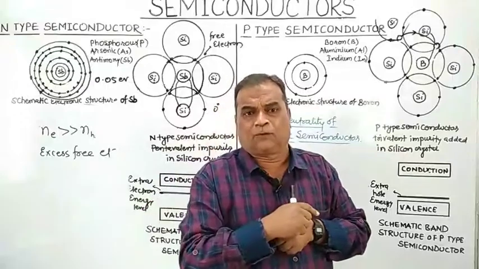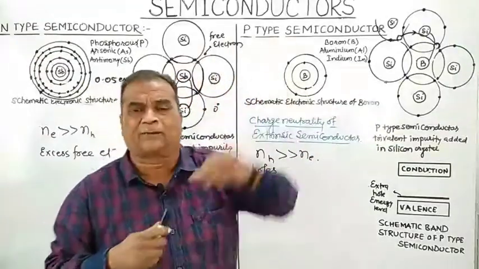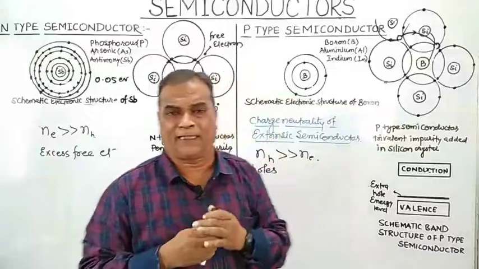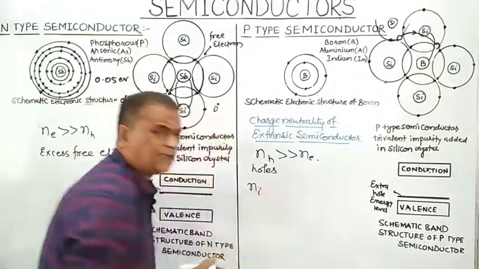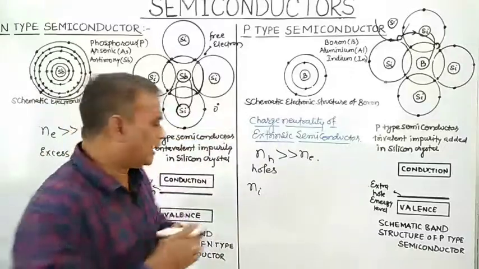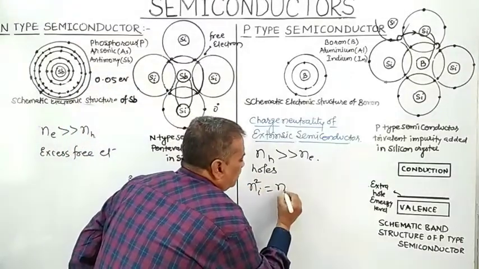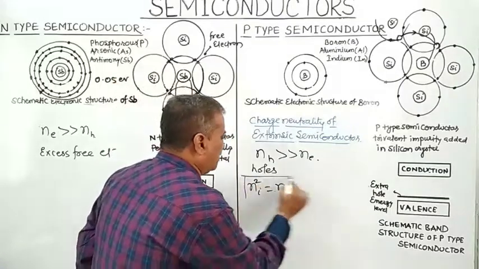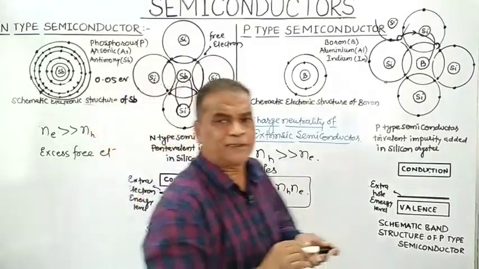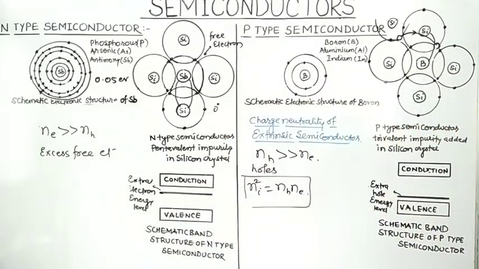So in general, both are electrically neutral. And if I say Ni represents the concentration of charge carriers, then Ni squared must be equal to Nh times Ne. So remember this formula while solving examples on semiconductors regarding concentration of holes and electrons.